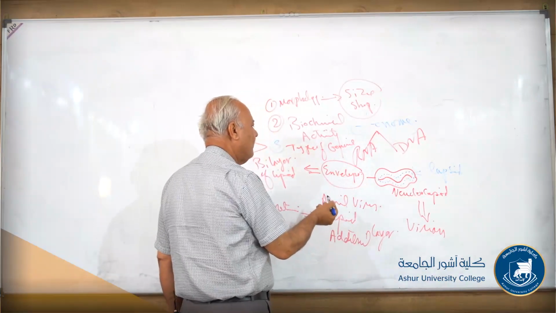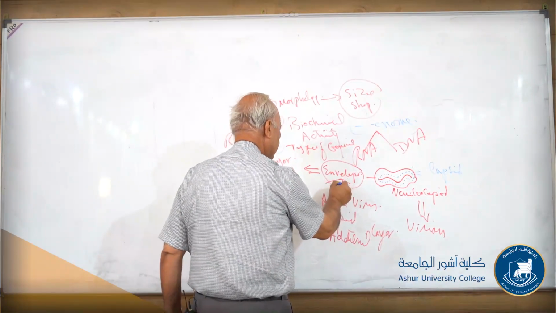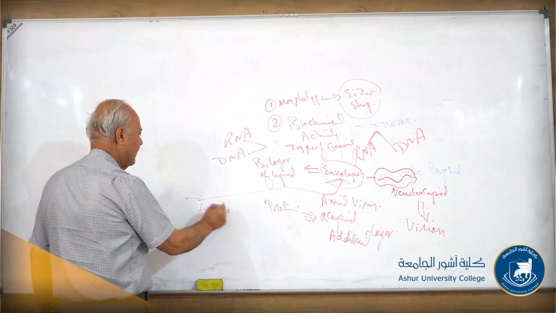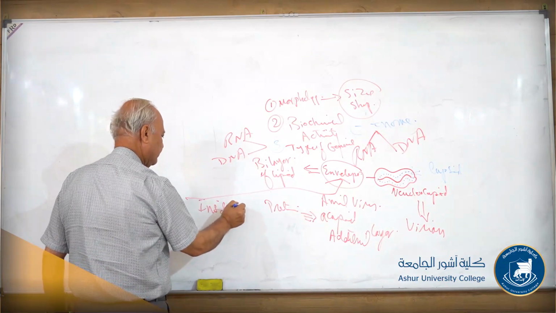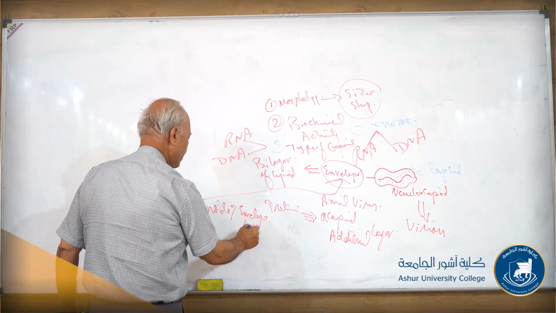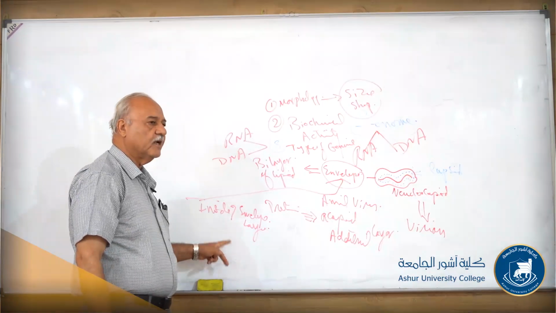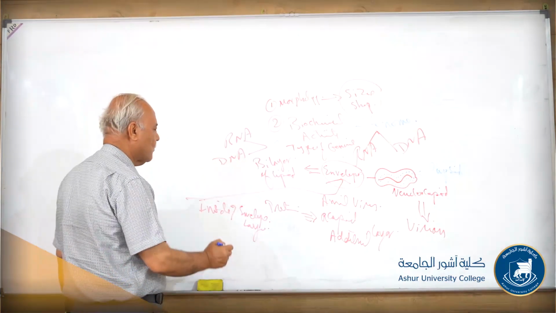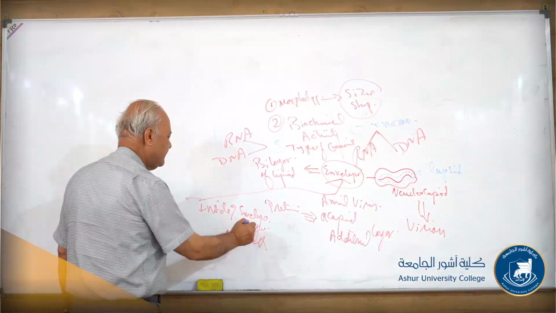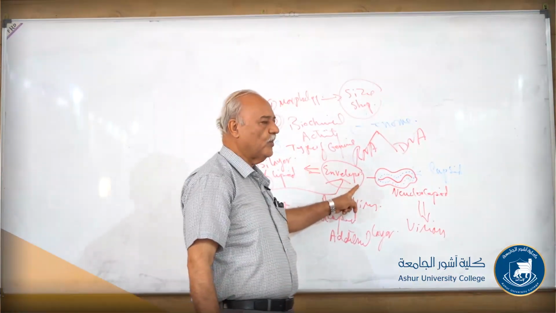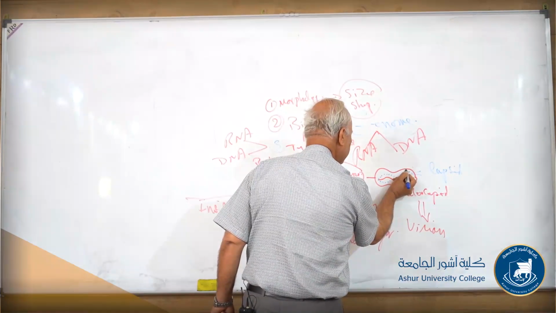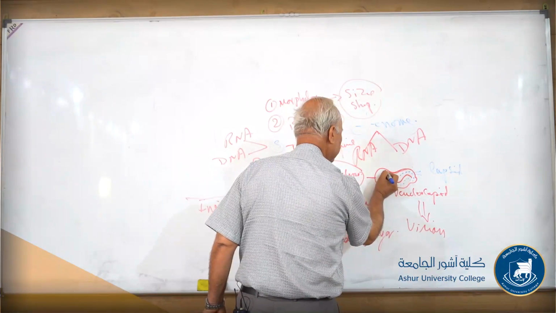Inside the envelope layers, we have some protein layers called matrix. Matrix is another protein layer usually present inside the envelope.